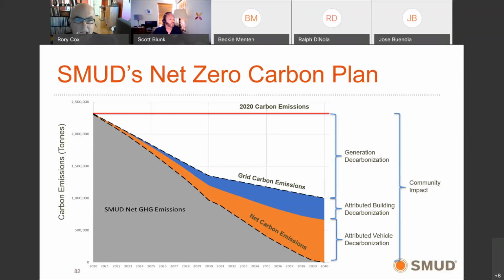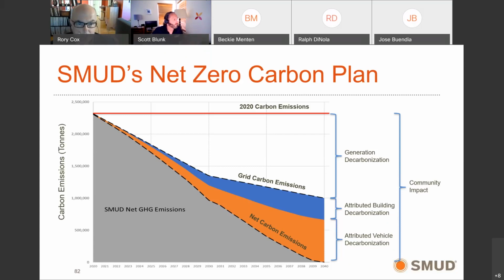We're also working on a PACE program or an on-bill meter-based financing that we're hoping will be available to all of our customers, but will certainly help resolve some of the split incentive issues between renters and the lessor in housing, and the middle income customers. So those will all play into it.